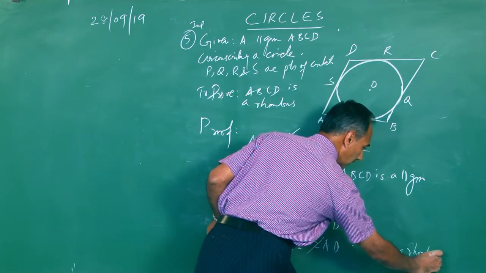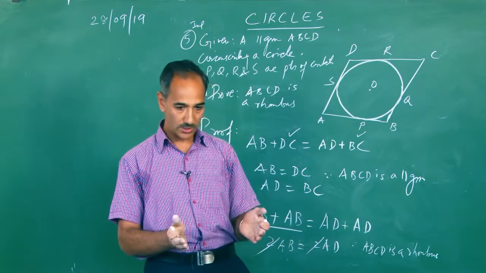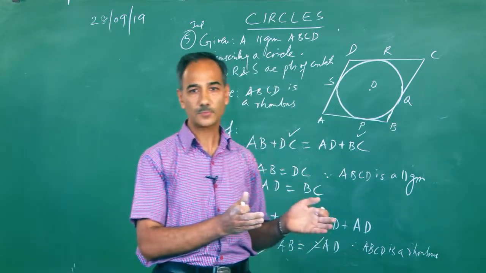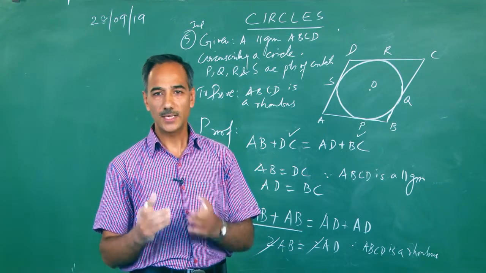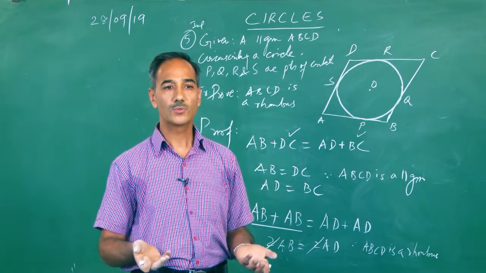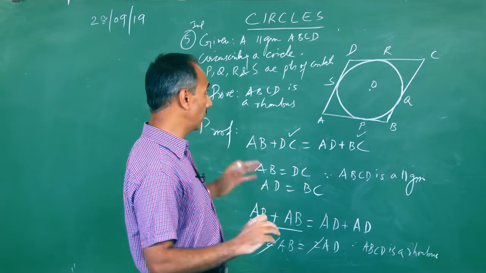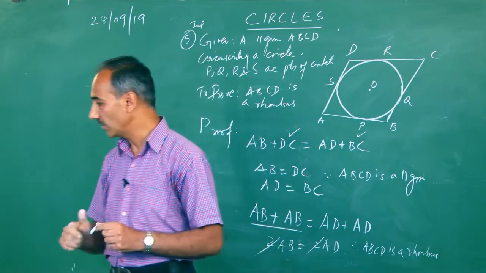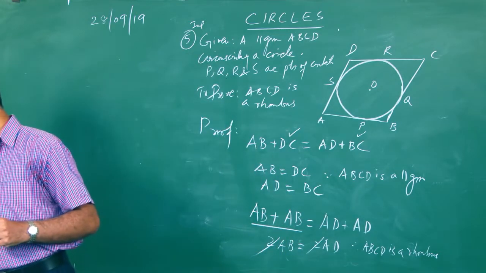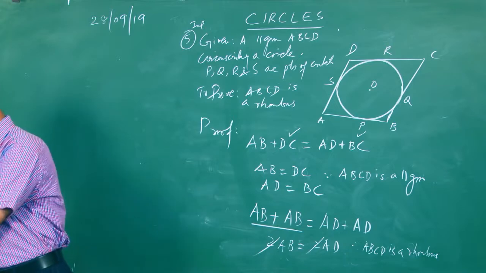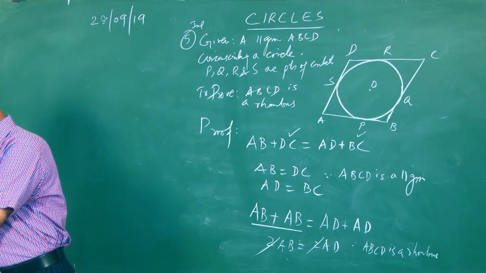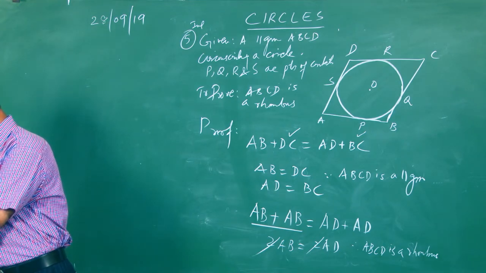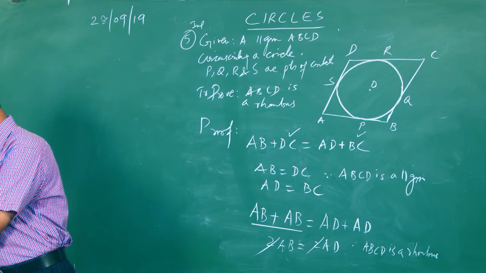So, as far as the application is concerned, we took questions where you applied the tangent radius theorem, then some of the sums where you applied the tangent segment theorem. There are some questions where you have a mix of both, meaning you have to apply both results. Let me try to get a sum based on that. There are two sums as far as your textbook is concerned wherein you apply both the results.